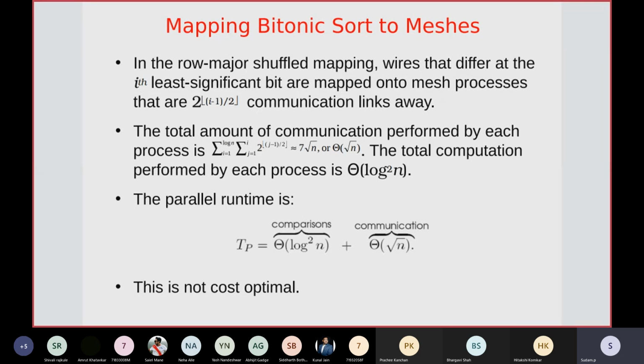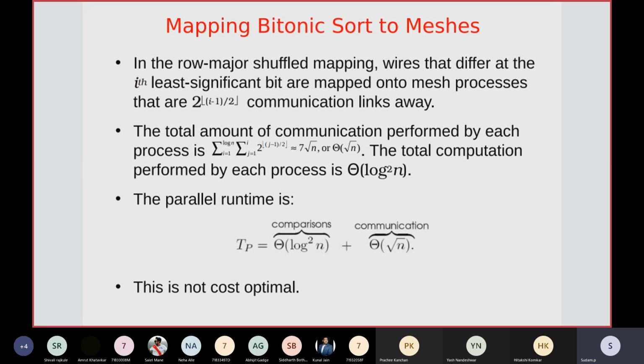So as far as the mapping of Bitonic sort on meshes is concerned, in the row major shuffled mapping, wires that differ at the ith least significant bit are mapped onto mesh processes that are 2 raised to floor of (i-1)/2 communication links away.